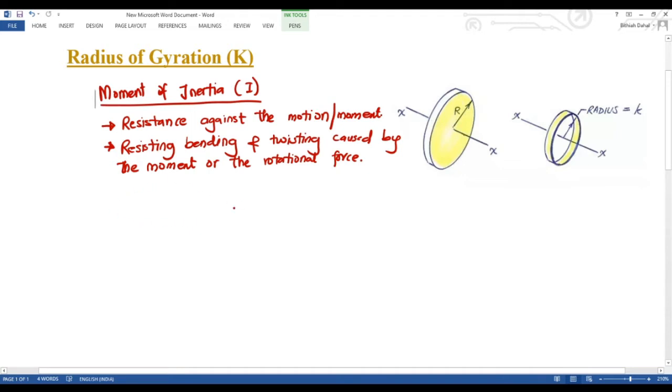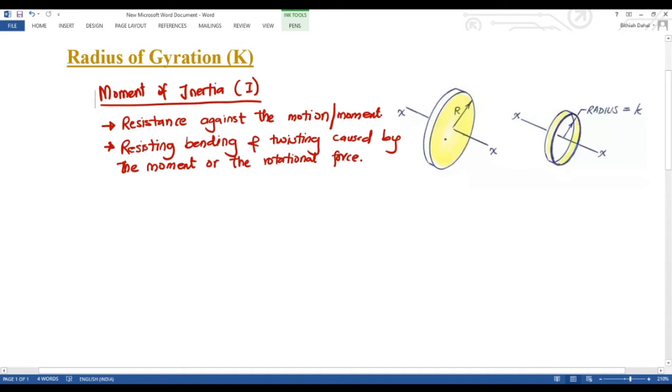Coming back to radius of gyration. To understand radius of gyration, let us take this figure here. Let us take one solid circular disc. This here is a solid circular disc. Let us say that it is rotating continuously about this axis, the x-axis.